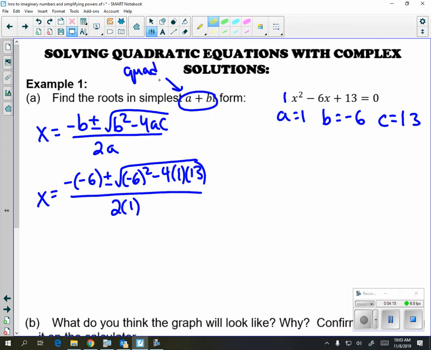Make sure you're using parentheses for these negatives. You're going to take what's underneath the radical and put that in your calculator all at once. That way we get 6 plus or minus the square root of -16 over 2.